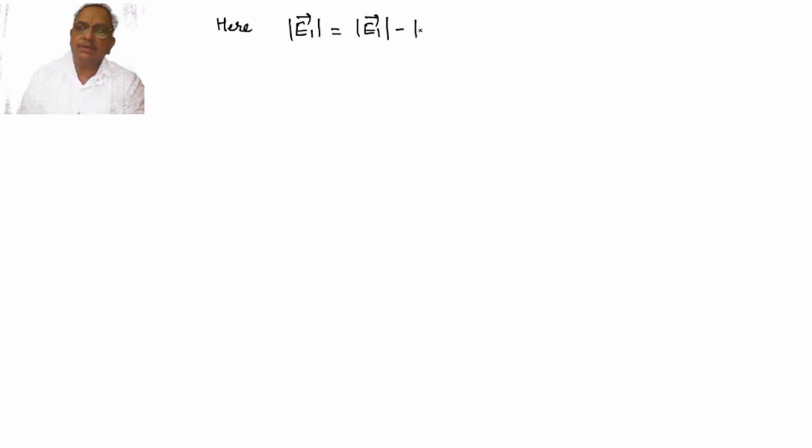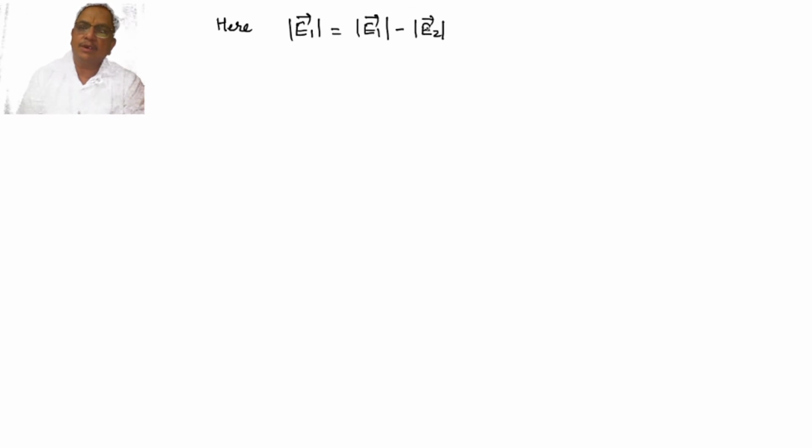If I am calculating only the magnitude, then the magnitude of E is equal to magnitude of E1 minus magnitude of E2.